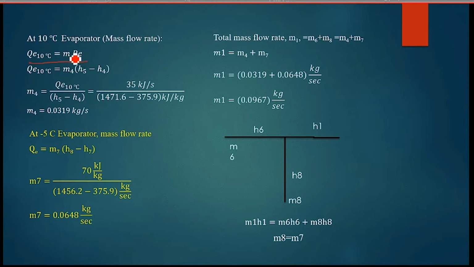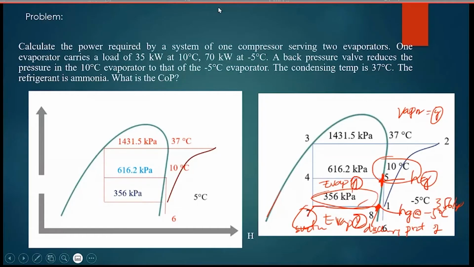Now, what is the mass entering evaporator number 1? Evaporator 1 has a temperature of 10 degrees centigrade. Look at this. What is the mass entering? What designation? This one, right?